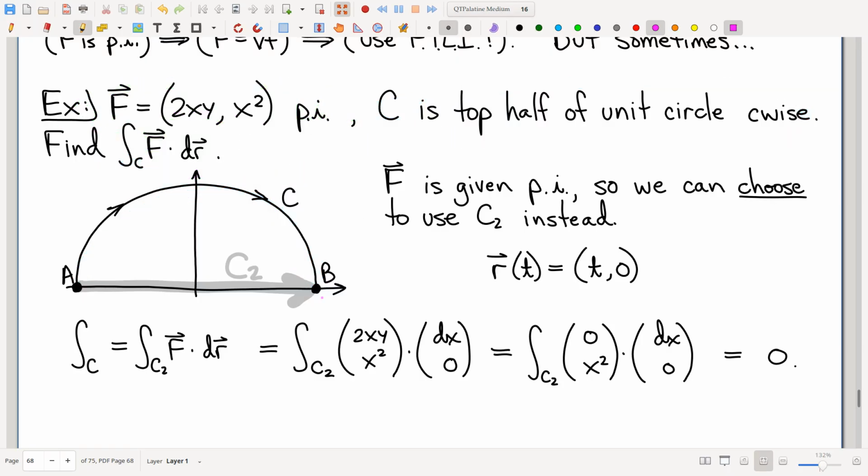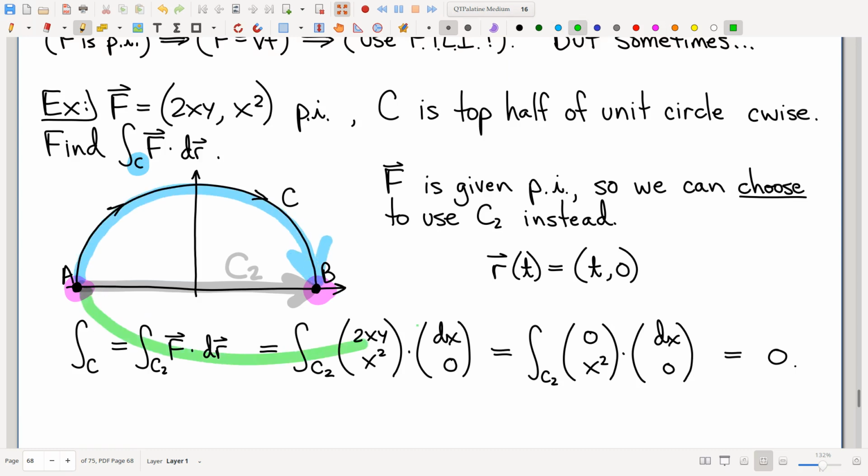That said, we know that this is path independent. Path independent means that as long as I don't move the starting and ending points, this curve that I was asked to compute on, I could use any other curve.